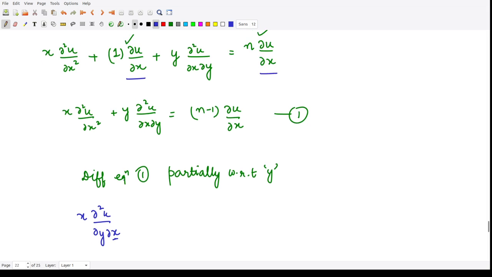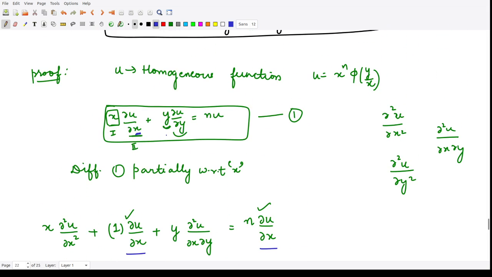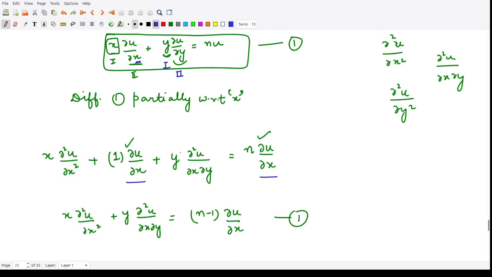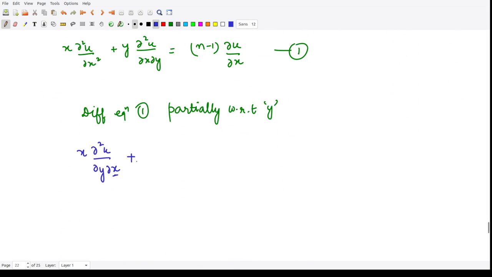And for the second term, we have to apply the product rule here. This is the first function, this is the second function. Firstly we perform the derivative of the first function, so it will be 1 into del u by del y, and then the first function as such, y into the derivative of the second, that is del 2 u by del y2.